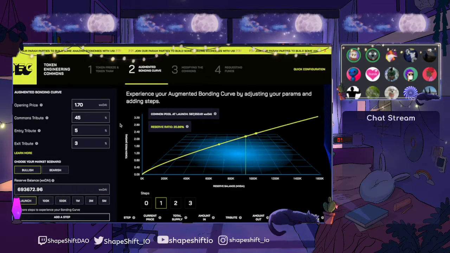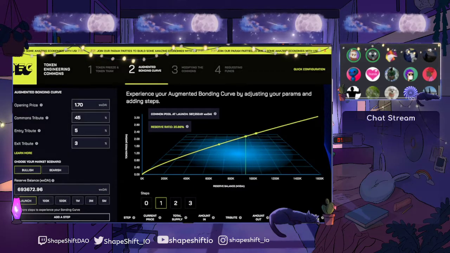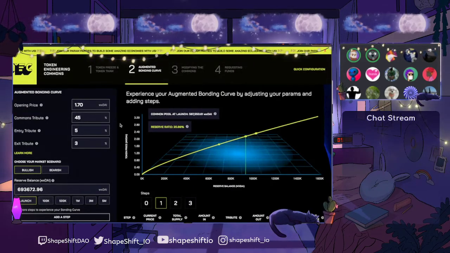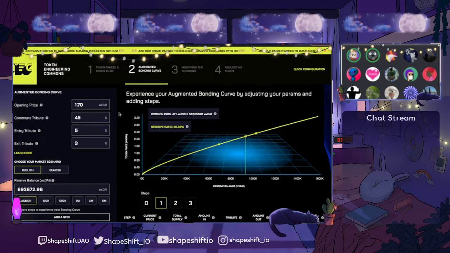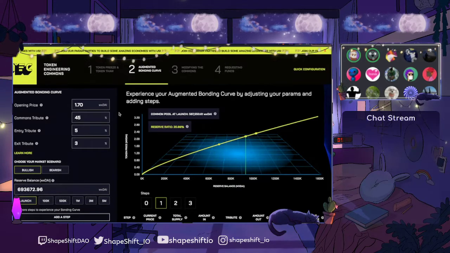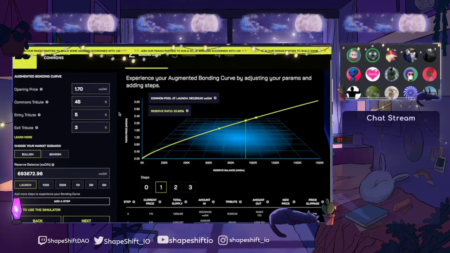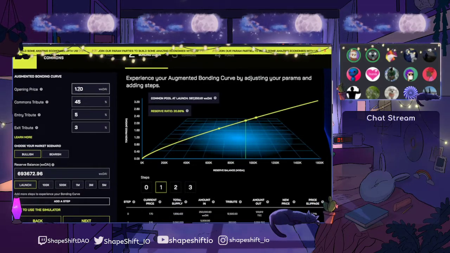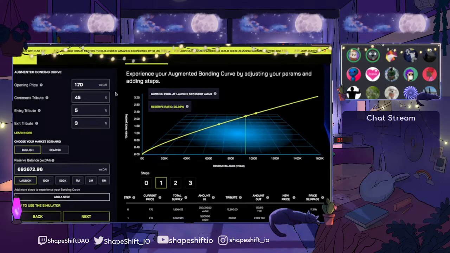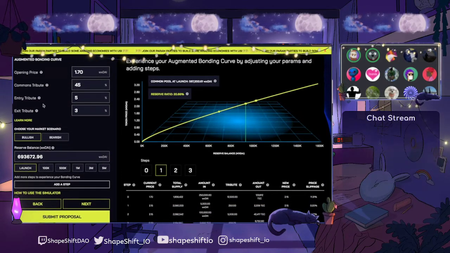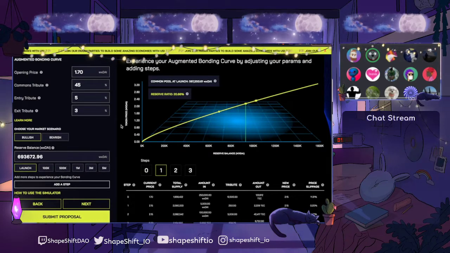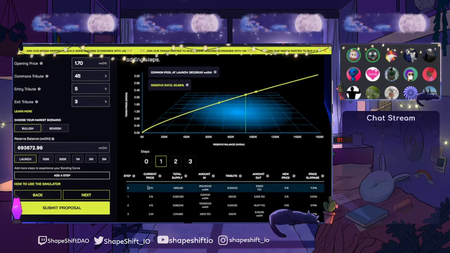The augmented bonding curve is our economic engine. It's a token price mechanism, and this is where TEC tokens are going to be minted. So the opening price is 1.7, and once we pick the tributes, we simulate different steps.